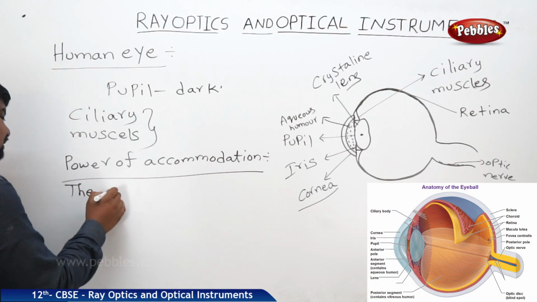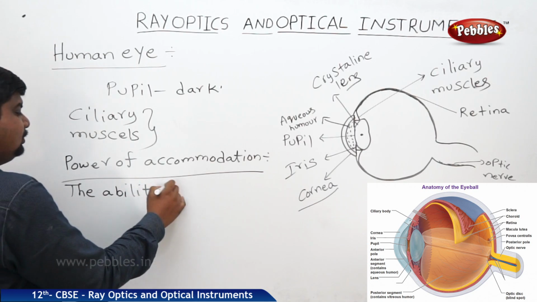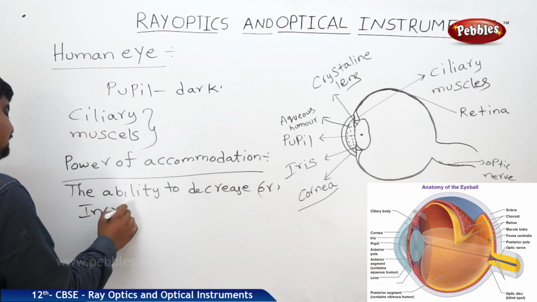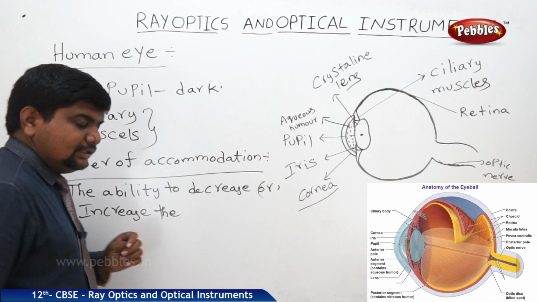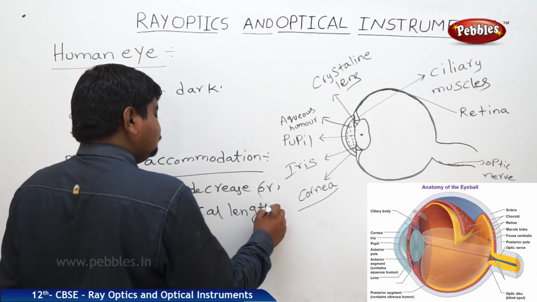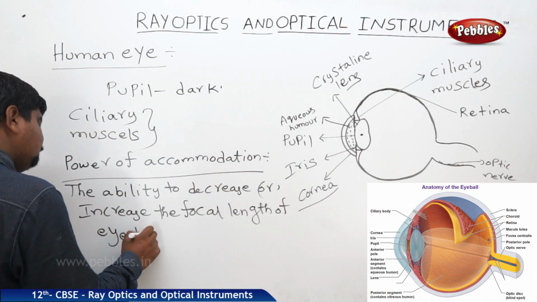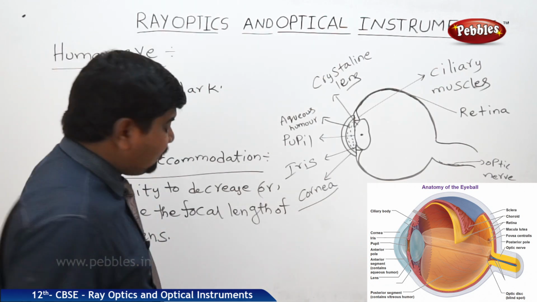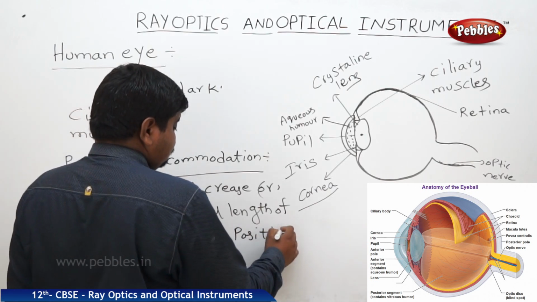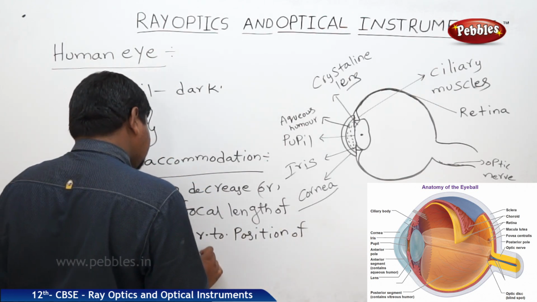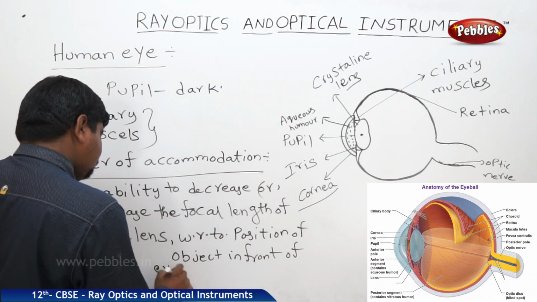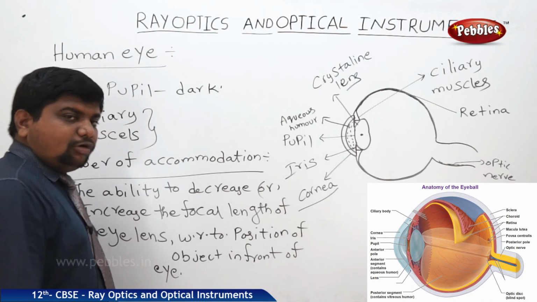The ability to decrease or increase the focal length of the eye lens with respect to the position of the object in front of the eye is called power of accommodation.